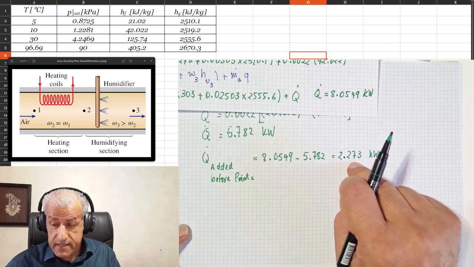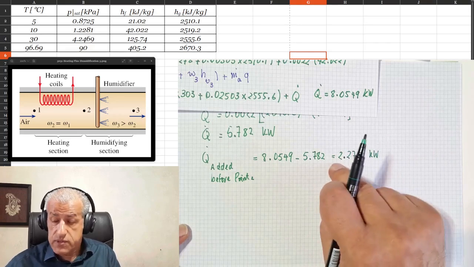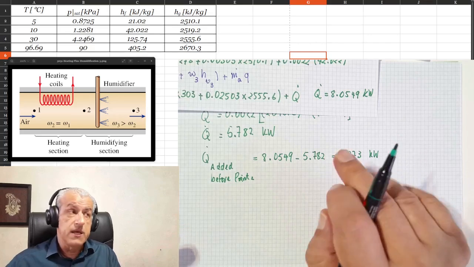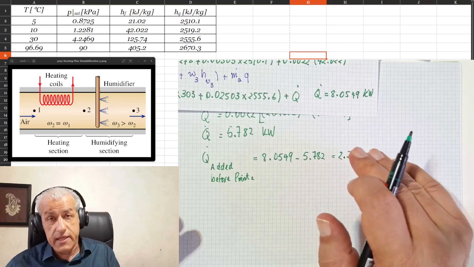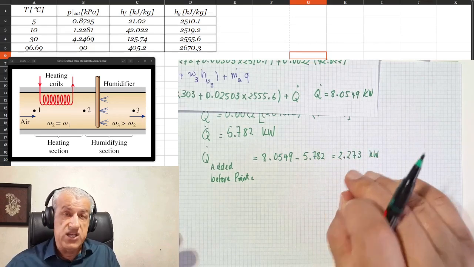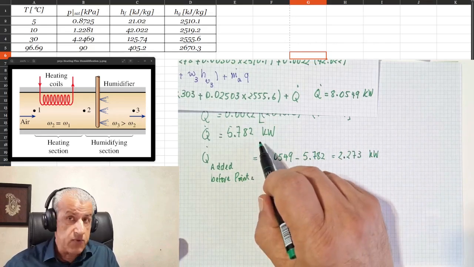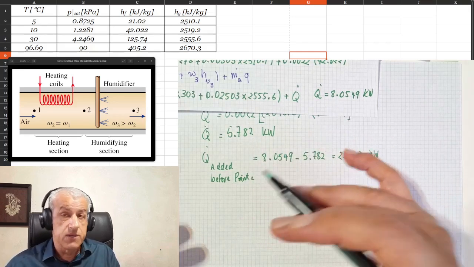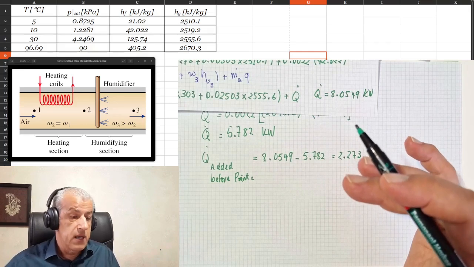This means that we have used this 2.273 kilowatts just to heat between points 1 and 2, and then injected steam. The steam we produced, and then brought our stream to the final required condition.